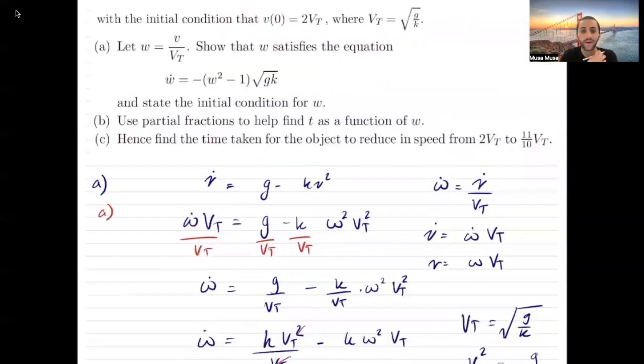And then hence find the time taken for the object to reduce in speed from 2 vt to 11 on 10 VT. So this 11 on 10 VT is not the W, that's just velocity. But remember, W equals your velocity over VT. So it's like 11 on 10 VT over VT, which is 11 on 10.